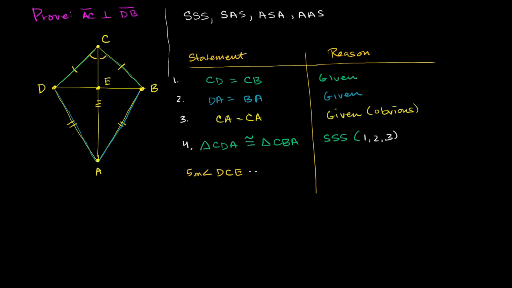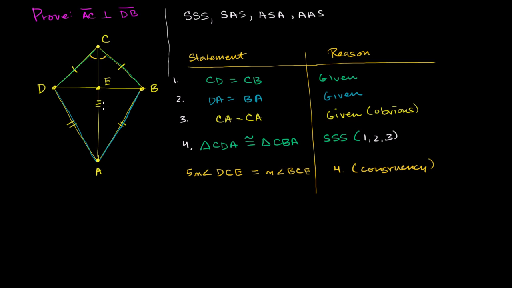I'll say the measure of angle DCE is going to be equal to the measure of angle BCE. And this comes straight out of statement 4, congruency of those triangles, I could put in parentheses. This implies it, because they're both part of this larger triangle. They are the corresponding angles, so they are going to have the exact same measure.